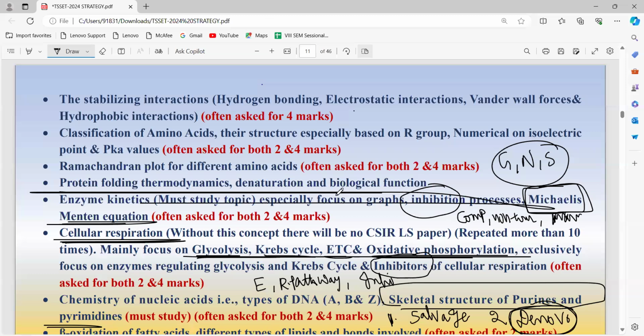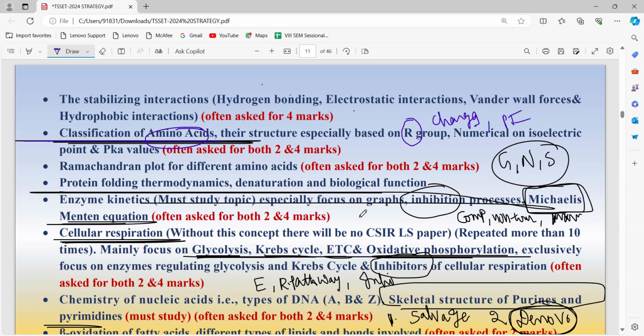And apart from these, 100% we get a question undoubtedly in the exam about amino acids. About amino acids, it is mandatory, friends. We have to remember this for the exam. How the amino acids are classified based on structure, based on function, based on R group, based on charge, based on pI, everything we have to read.